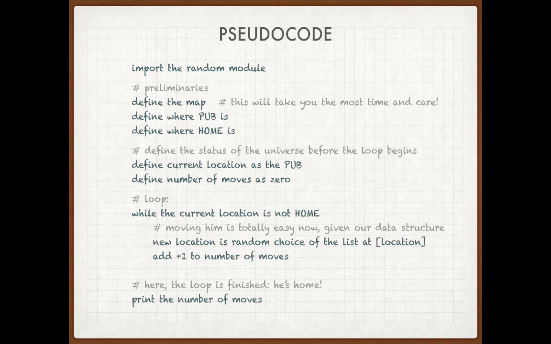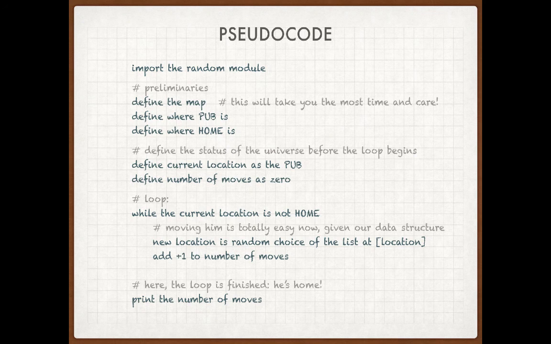His new location is just a random choice of the list that happens to be in the drawer called location. So I can actually move him to a new square in one line of Python, and that's going to be very, very convenient. For me, that's a sign that I have chosen a pretty good data structure, because the logic of moving him from square to square suddenly went to one line of Python.